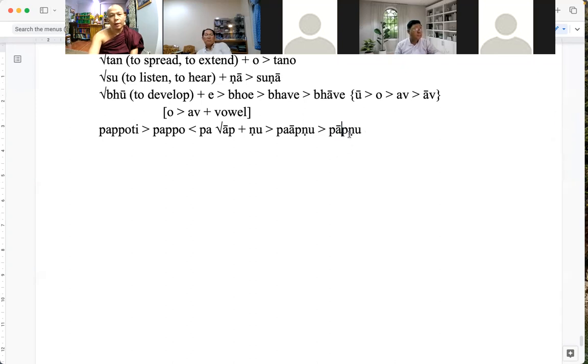So, pa is labial group. Na is here, retroflex group or lingual group. Different. So, two groups together we don't use in Pali. Two group consonants together, at the time they change to a single group. So na is part of the sign, pa is part of the root. So root is important because it expresses the meaning of the word. That is why we retain it. Na does not follow the pa, so na does not become pa pa.